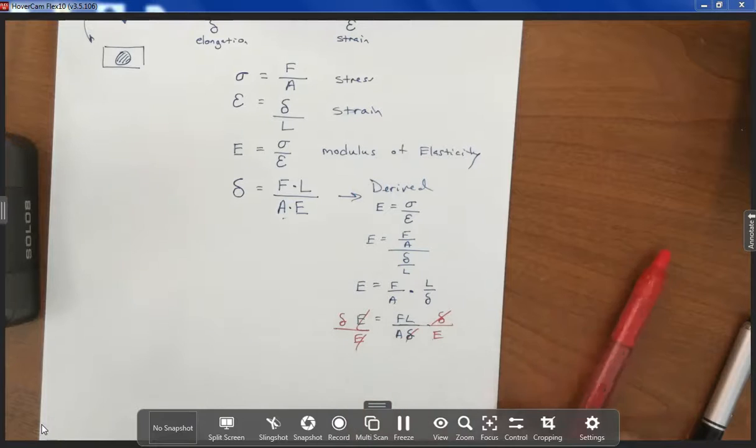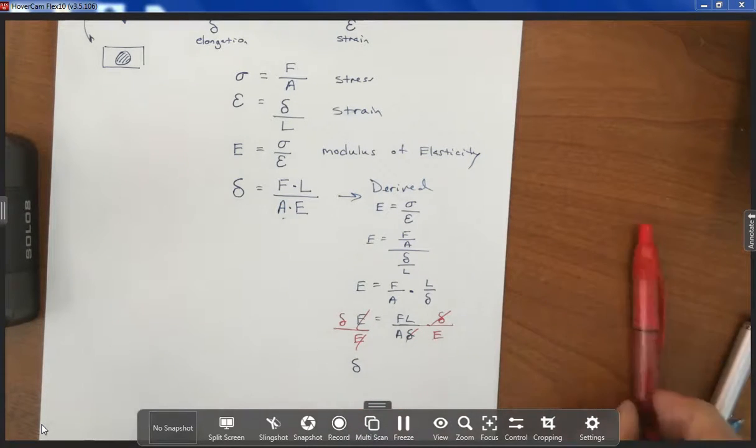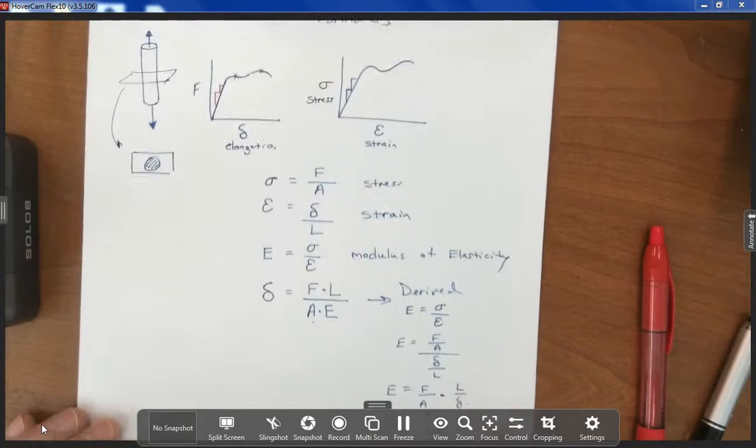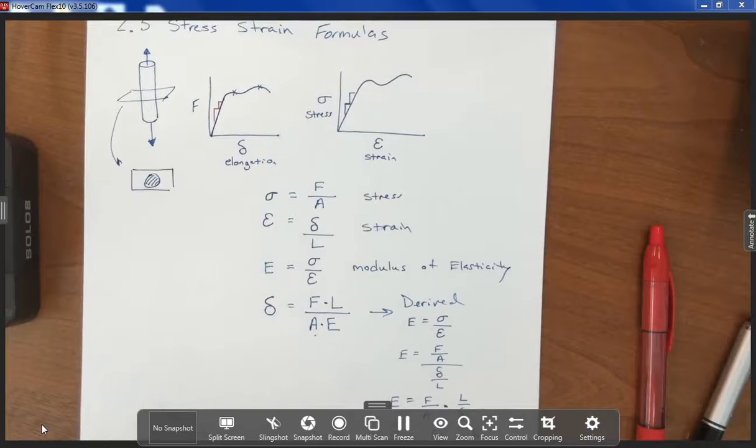And so you can see now we end up with the elongation of the material is equal to force times original length over cross-sectional area times modulus of elasticity. So that's where that comes from. But there you go. Those are your stress-strain formulas.